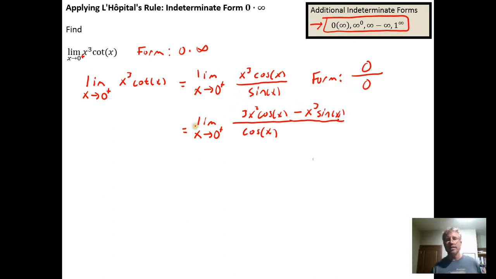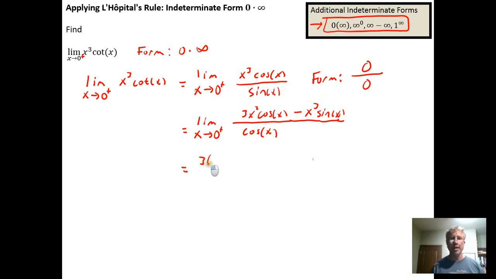And then I want to look at this and ask myself the question, can I evaluate this limit? It looks nasty, but if I were to plug 0 into the denominator, I get the cosine of 0 as 1. I don't get a division by 0. So it's going to be okay for me at this point to drop the limit notation and plug the 0 into the ratio.